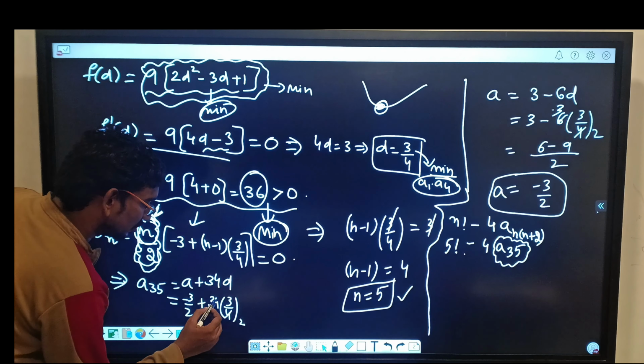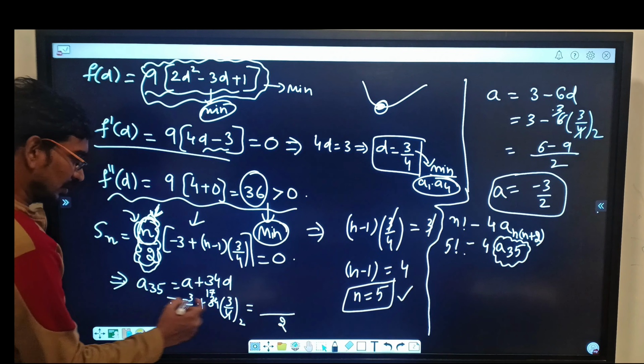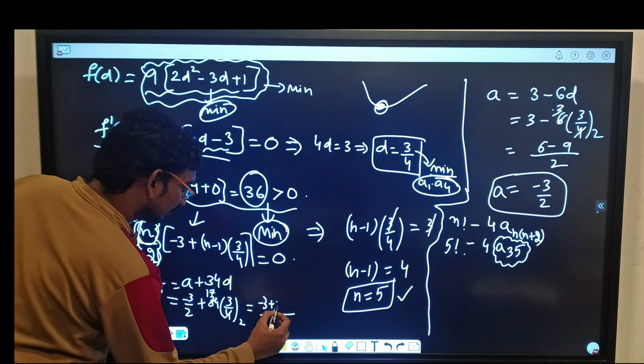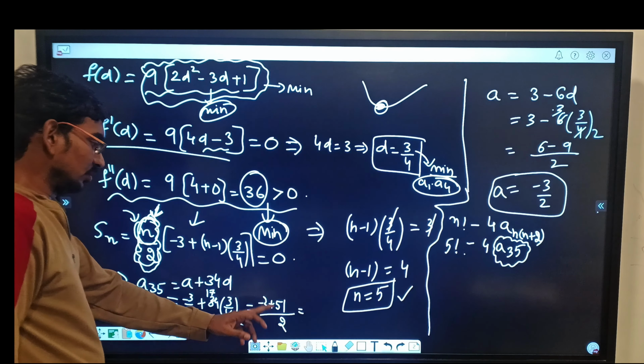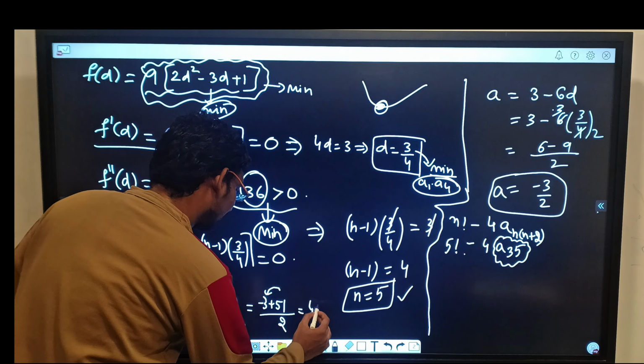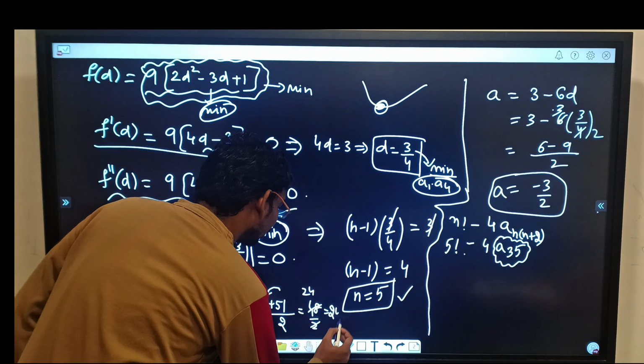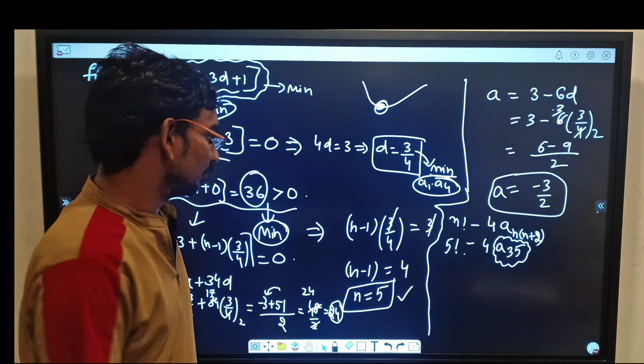Look here, 2s are 17s are. So again LCM 2. Minus 3 plus 51. How much is this? 48 by 2. So we got the value 24.